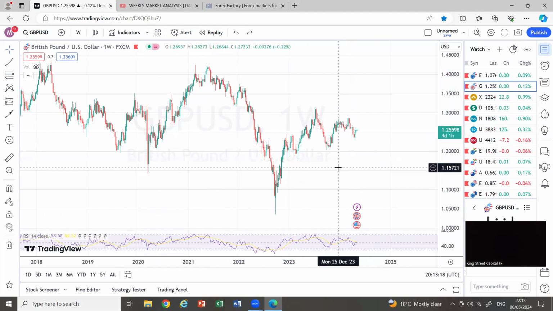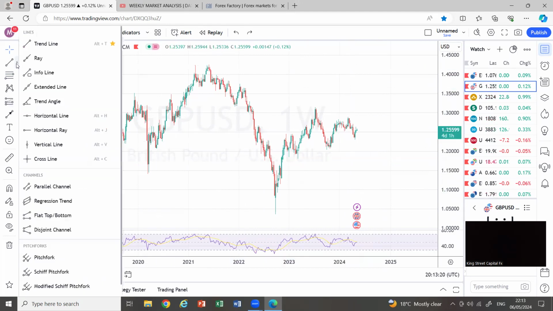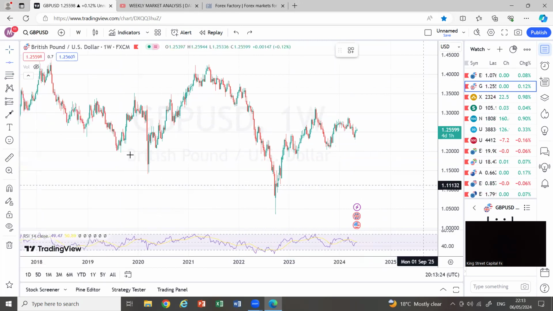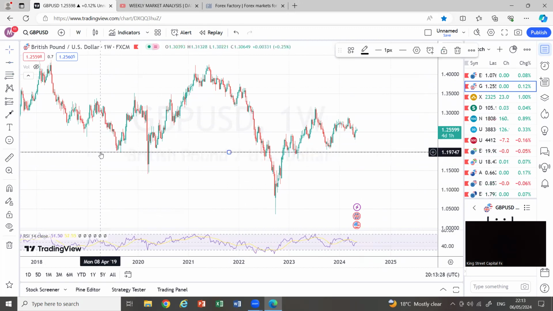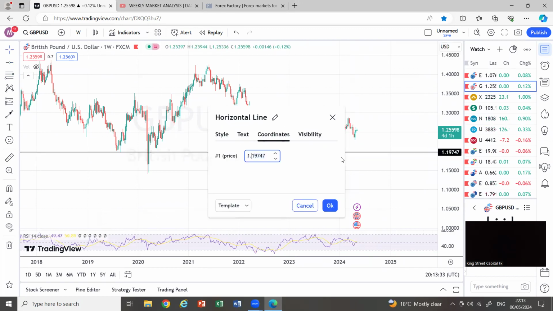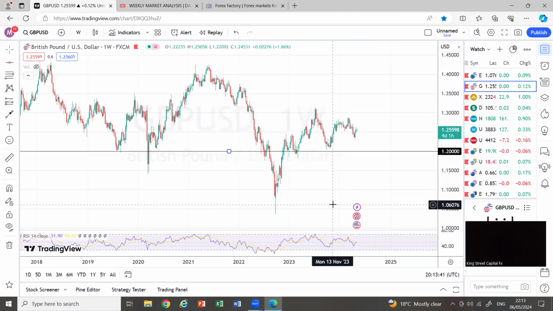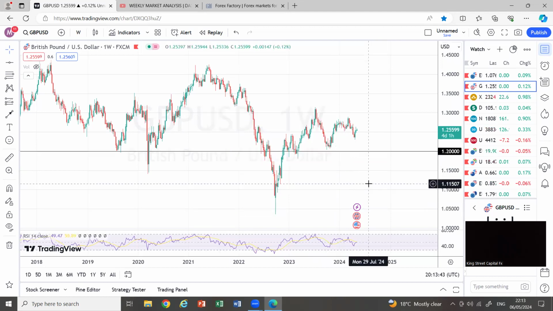And similar to Euro USD, let's get that major structure drawn. 1.0200 or psychological level, 1.02 thousand, apologies. And just make sure that that is drawn.